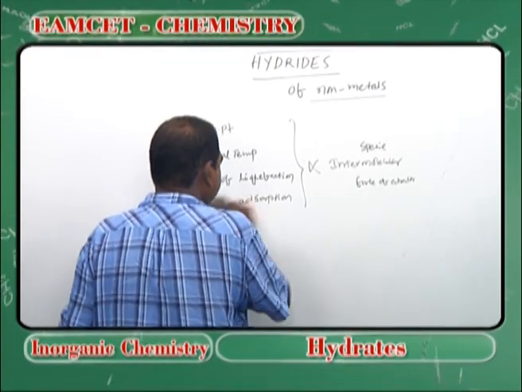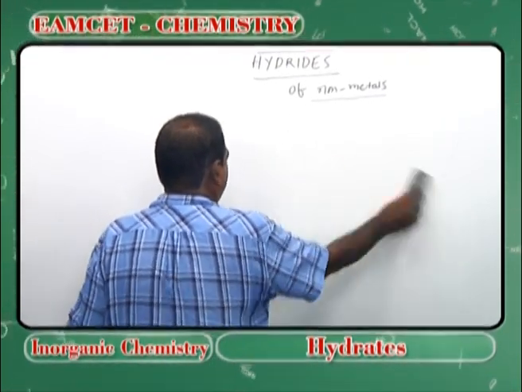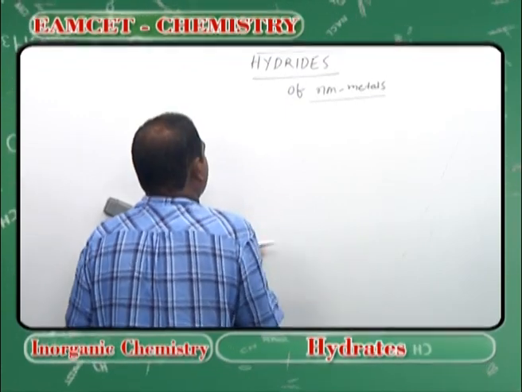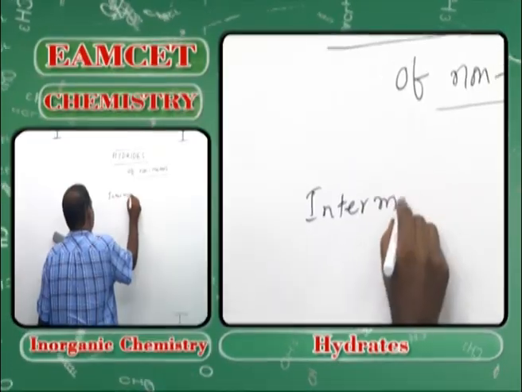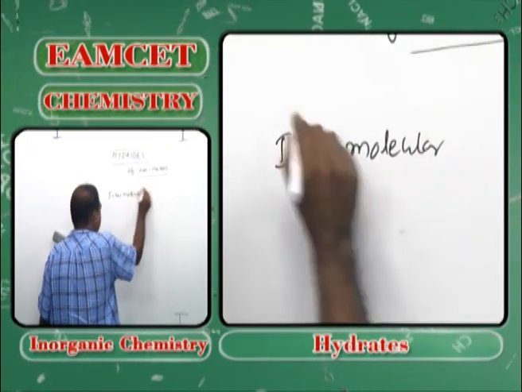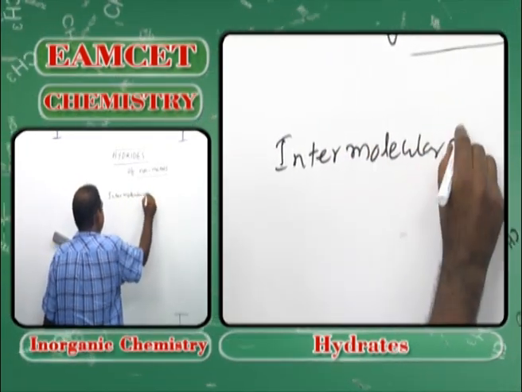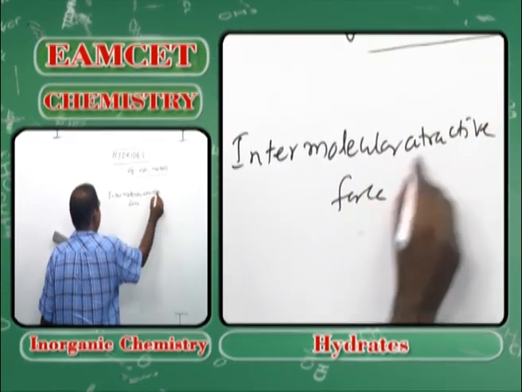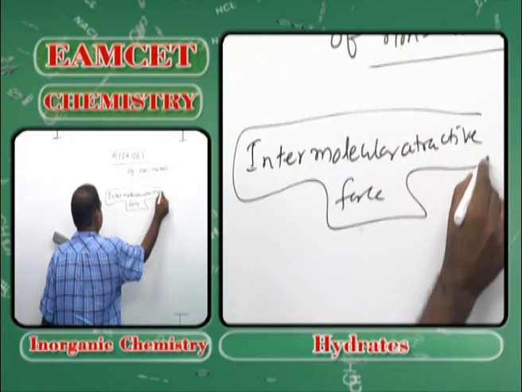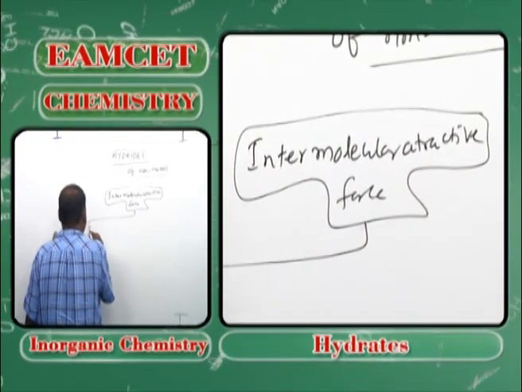And how many types of intermolecular forces are there? Excuse me for this word, molecular, actually I mean species. Intermolecular attractive forces are of four varieties.